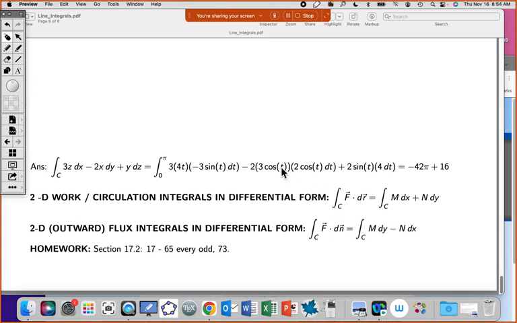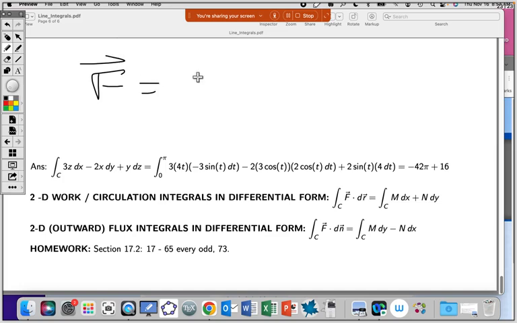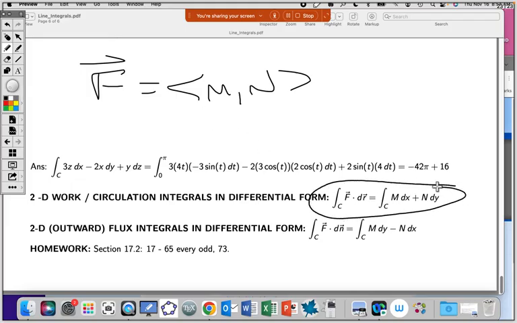All right, so if you've got your field F equals M, N, then this is your two-dimensional work, circulation integrals, M dx plus N dy, right?